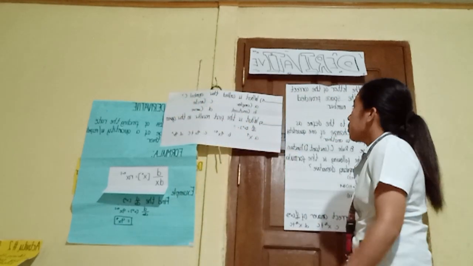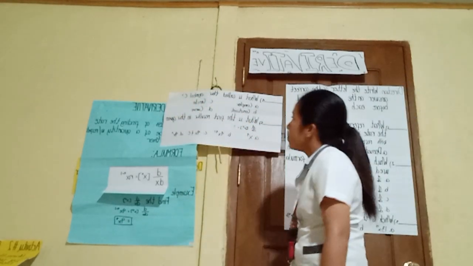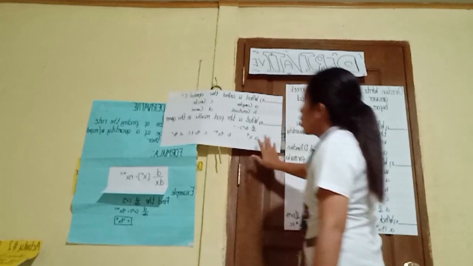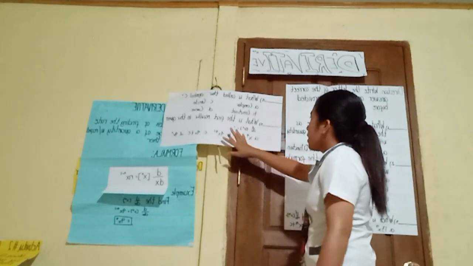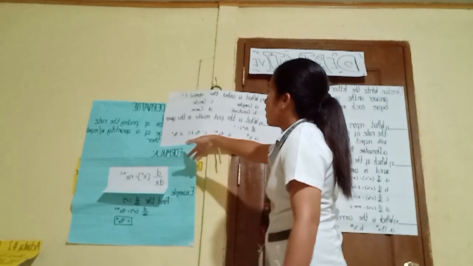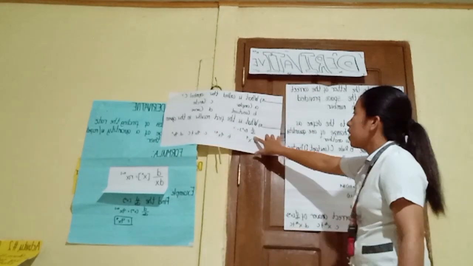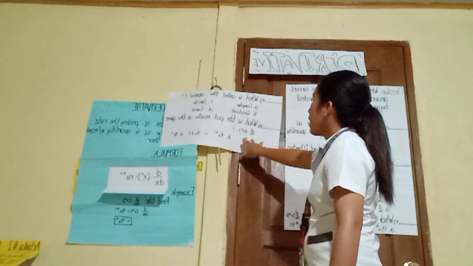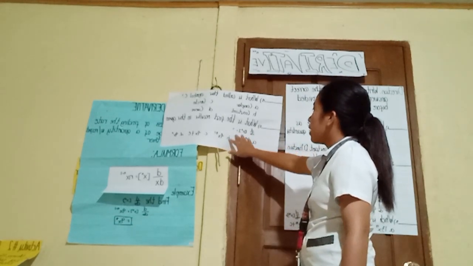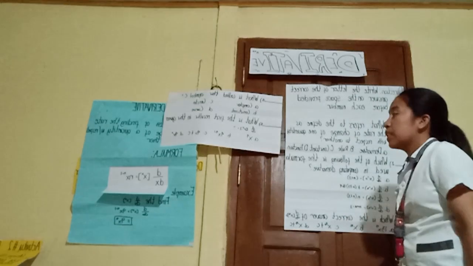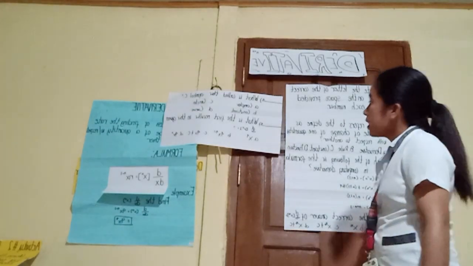A, complex; B, constant; C, circle; D, curve. The correct answer is constant. What is the first result for d over dx of x to the 4? The answer is B.